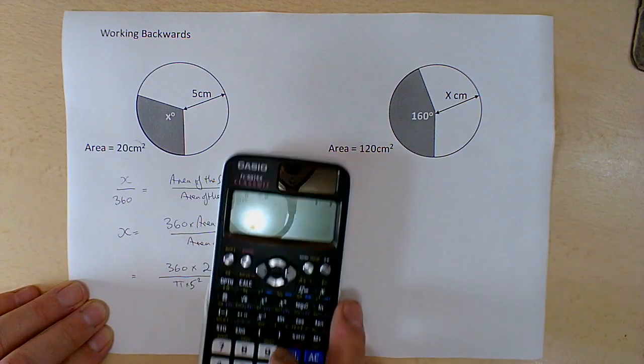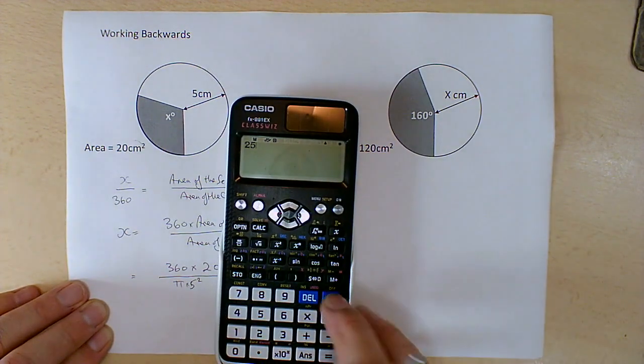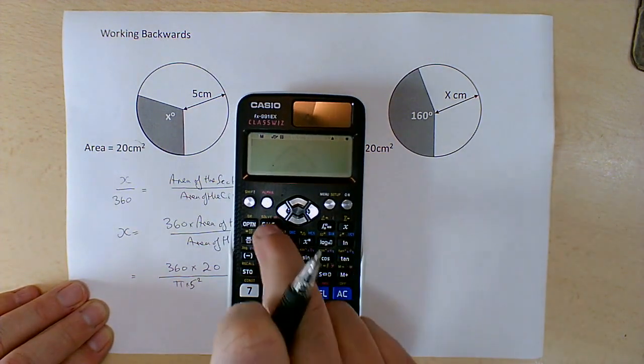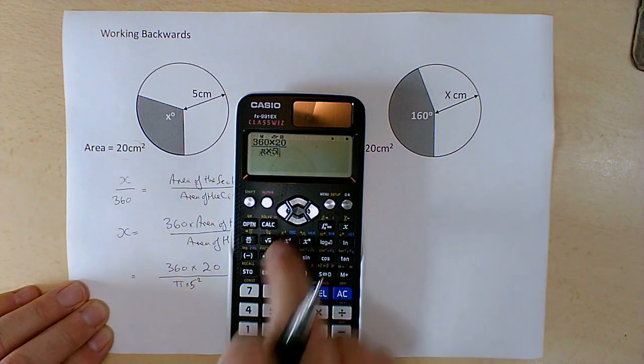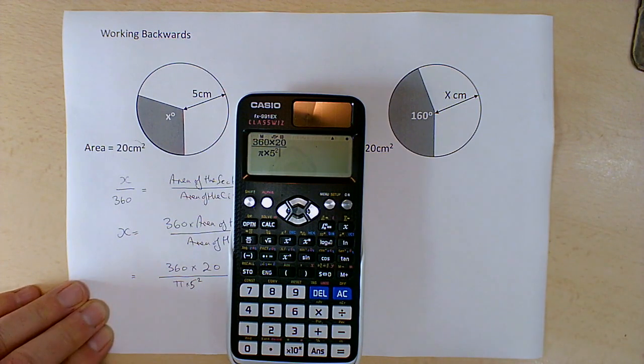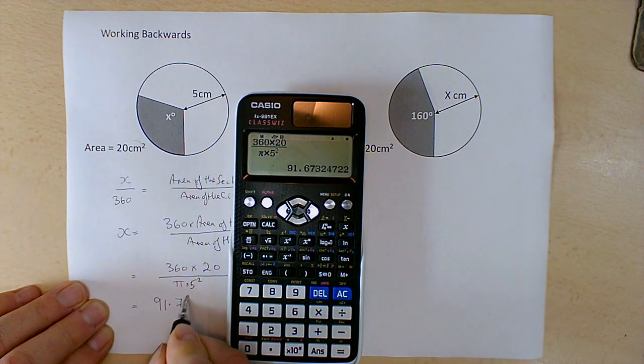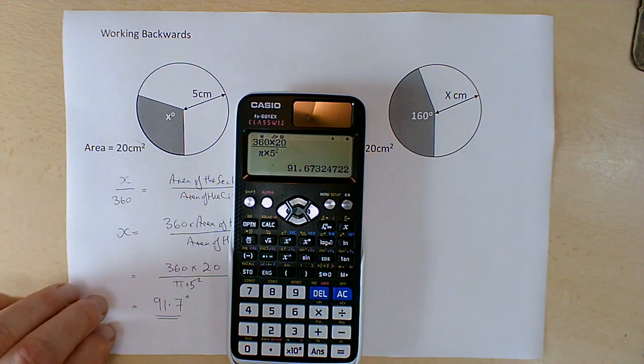We can put that all in our calculator in one go. If we put in there a fraction, 360 times 20, and on the bottom of the fraction we have pi times 5 squared. So we put it in the calculator exactly as we've written it down on the page, and that equals 91.7 degrees to 1 decimal place.